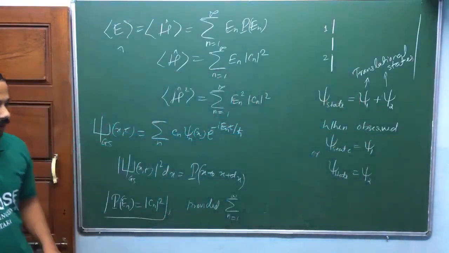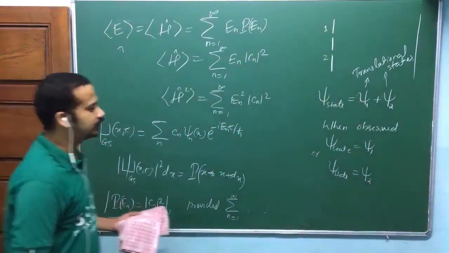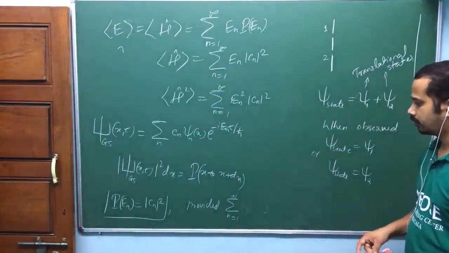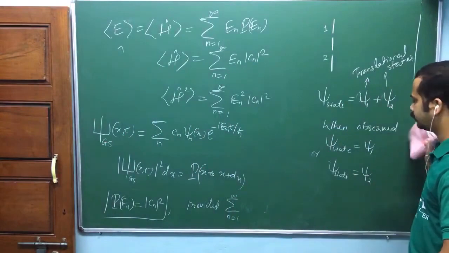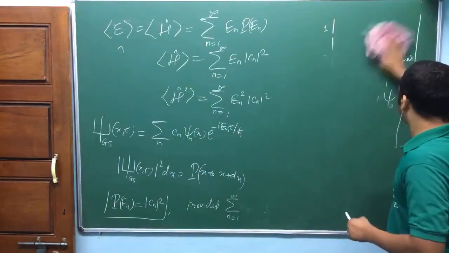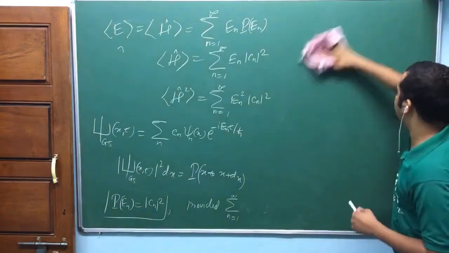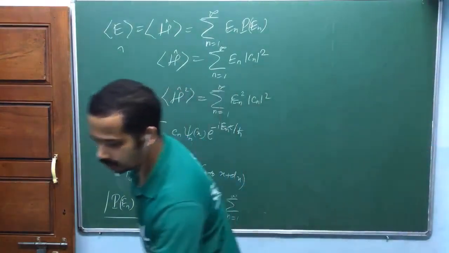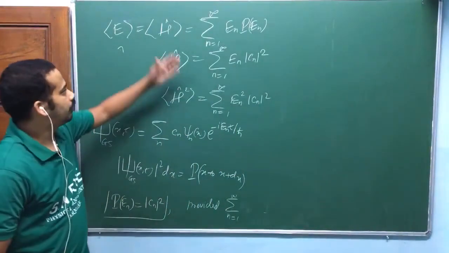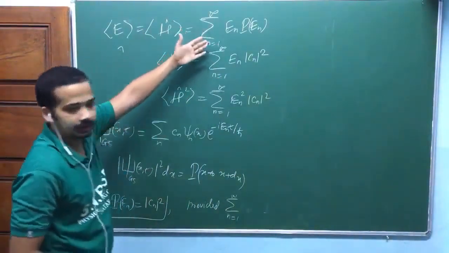Clear? Later we shall show they are very similar, kind of an inner product like that. We shall see that one. So position probability is continuous, but energy probability is discrete. That's why you go for this kind of summation, am I right?